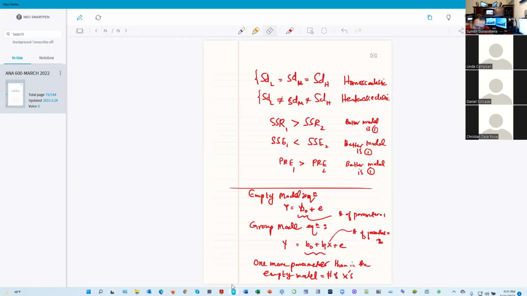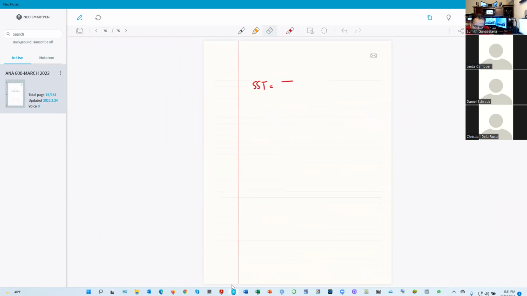SS total is always what? Regardless of any group, I'm going to call it Y minus Y bar, written for all groups, based on the grand mean. Then SS model is what?